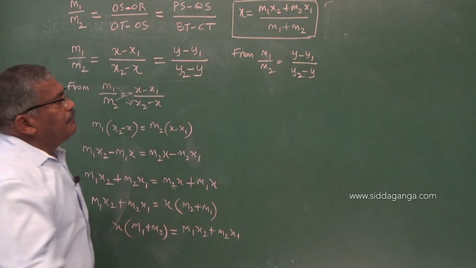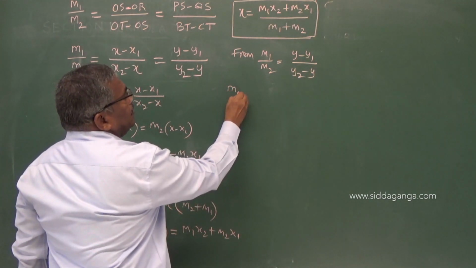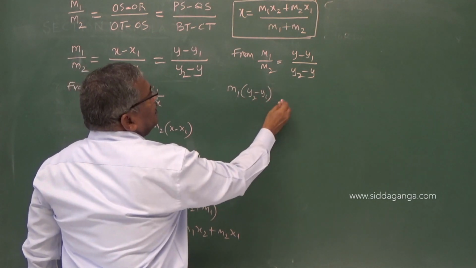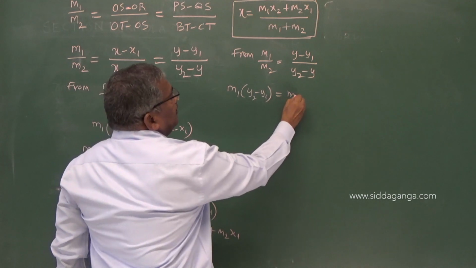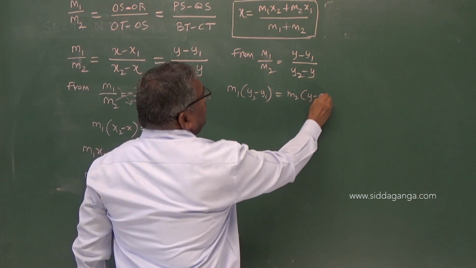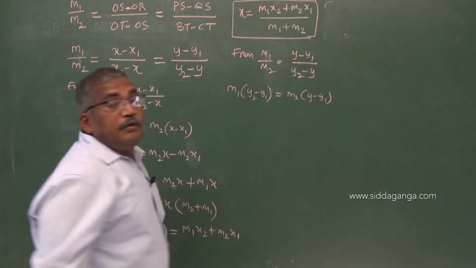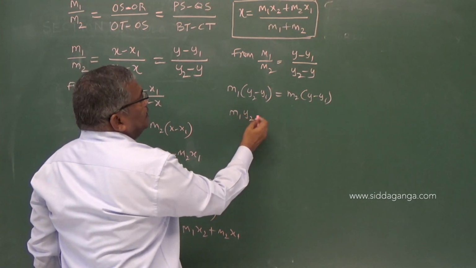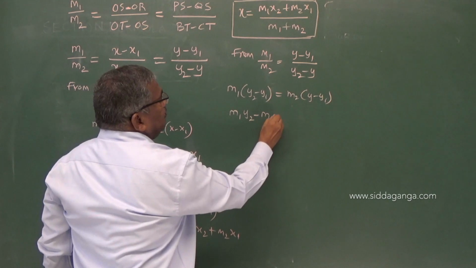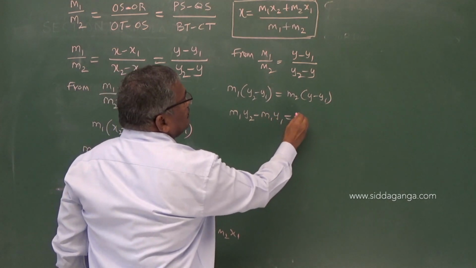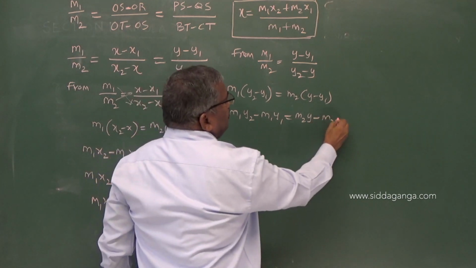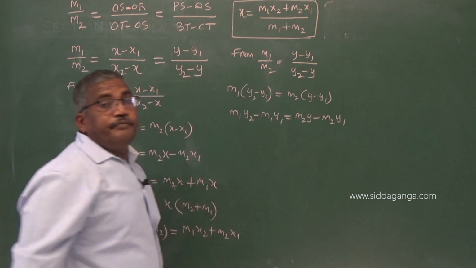Cross multiply. M1 into (y2 minus y1) equals M2 into (y minus y1). M1 y2 minus M1 y1 equals M2 y minus M2 y1.